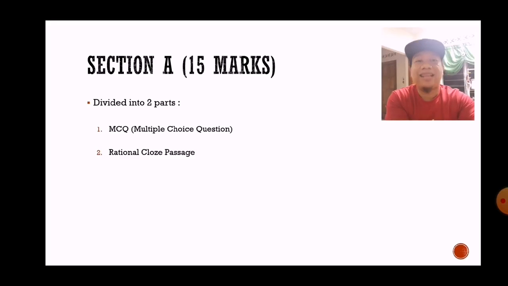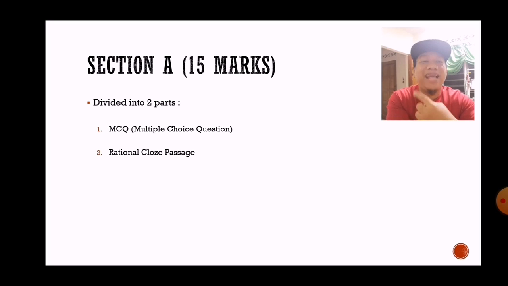Meaning that this question has different options, starting from A, B, C, and option D. Based on these options, what students must do in order to answer is to choose from A until D. You have to choose which one is the best answer. You can only choose one answer.